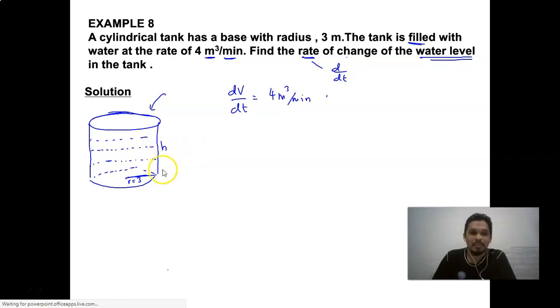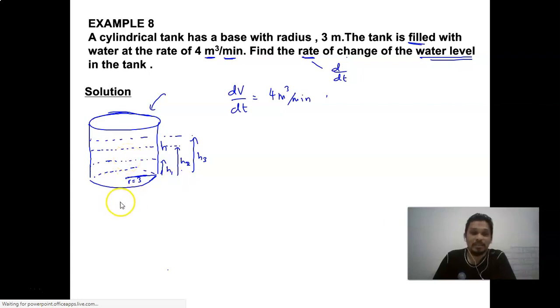So the change from the bottom of this tank to this height: H1, then H2, and let's say here H3. So we look at the change of this height with respect to time, but the change of height also gives one volume of water inside the tank at one particular time.